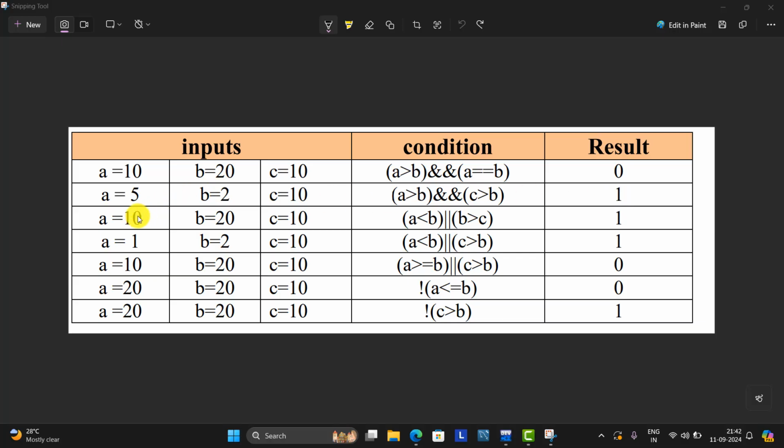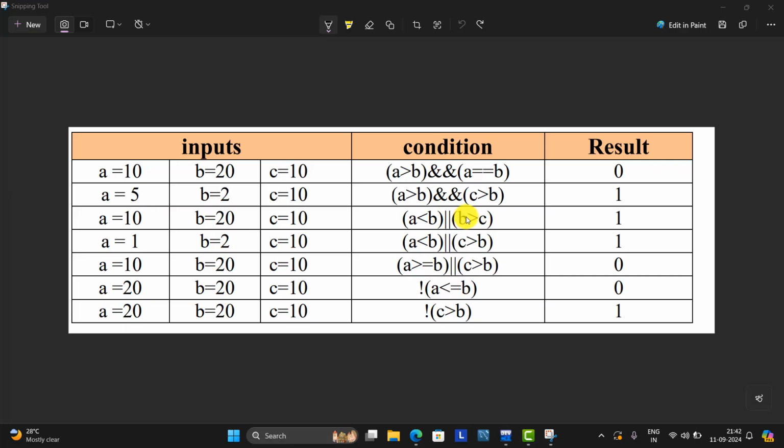Now let us see the third example. A is equal to 10, B is equal to 20, C is equal to 10. In this case we are using logical OR, denoted with 2 pipe symbols. A less than B is 10 less than 20. Yes, the condition is correct, so the answer is 1 in this place.